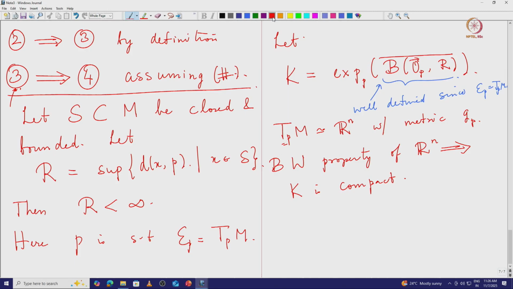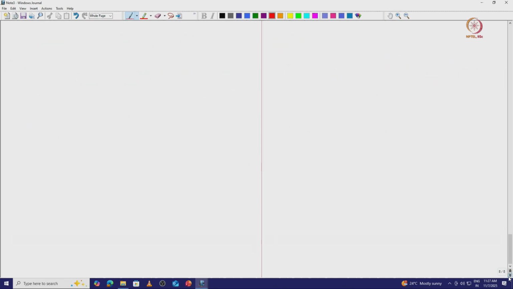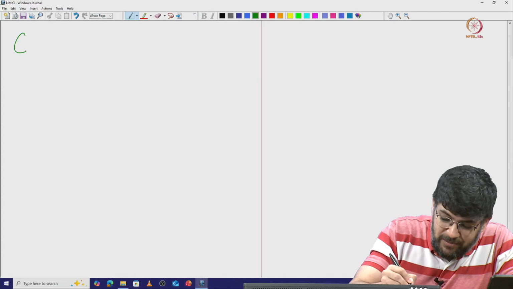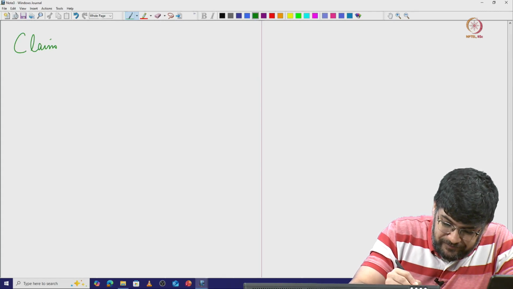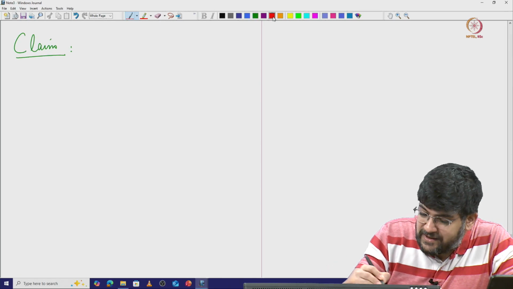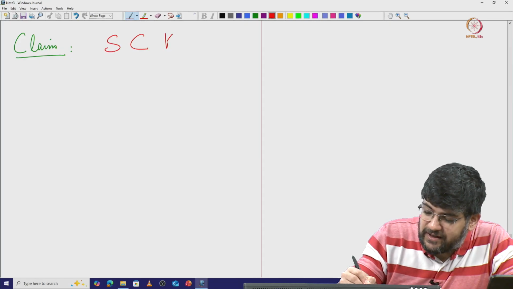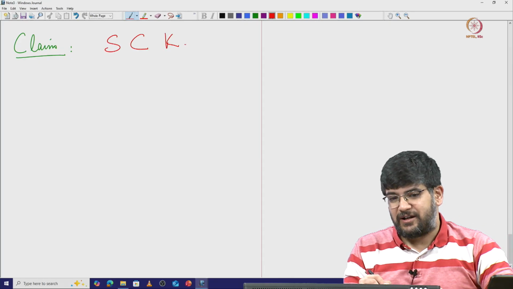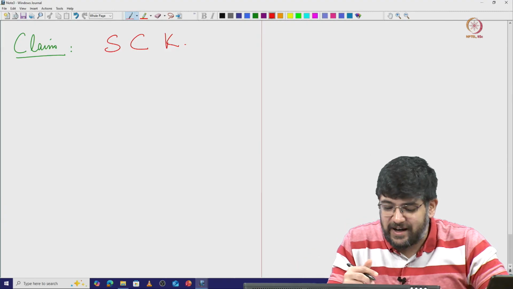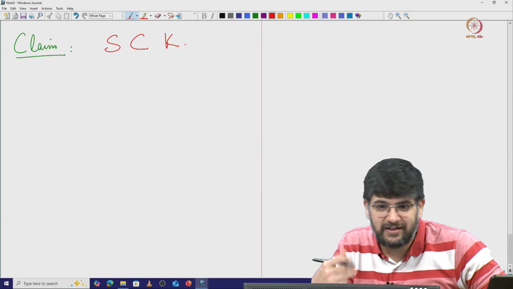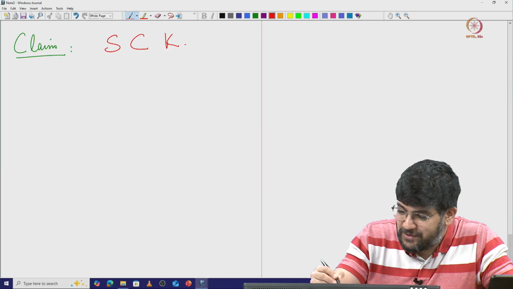Now my claim is that S is actually contained inside K. If I show this, then I am done, because then S will be a closed subset of a compact set, so it has to be compact.